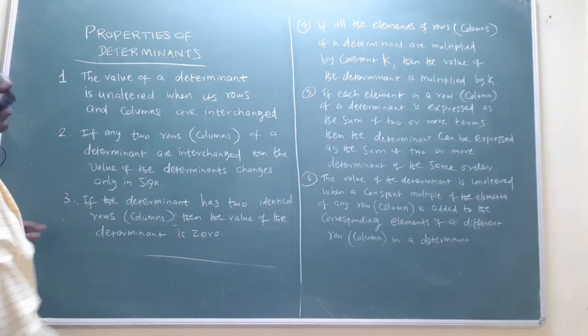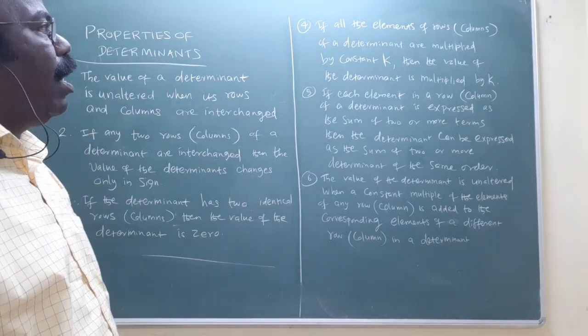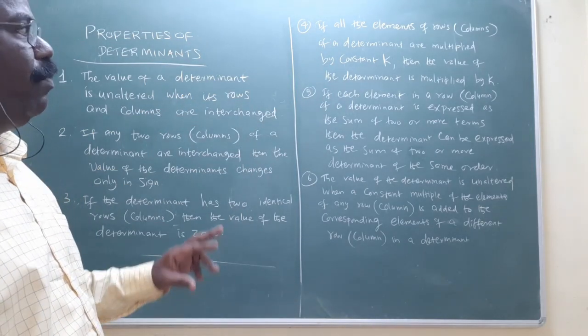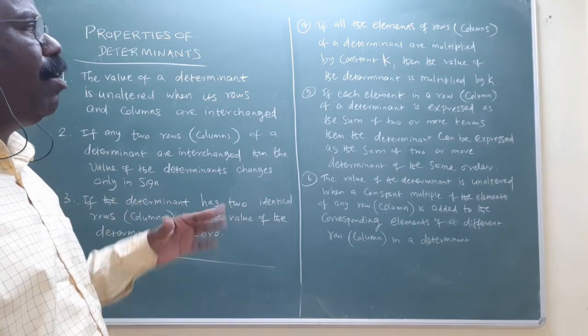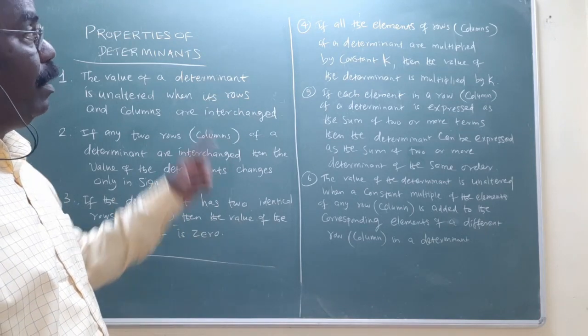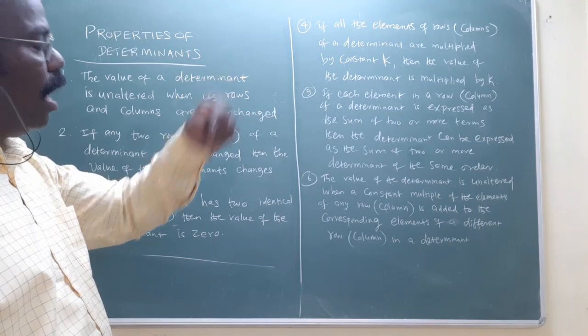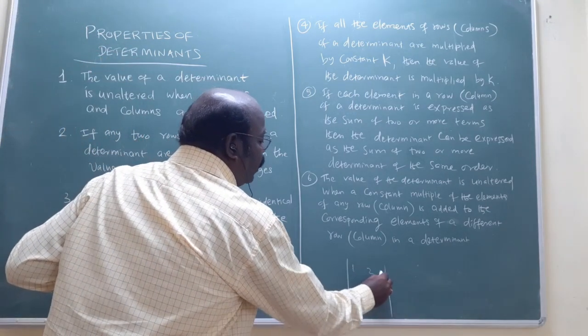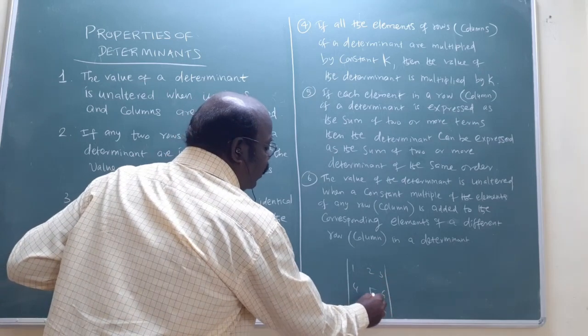Another property: if all elements of a row or column of the determinant are multiplied by a constant k, the value of the determinant is also multiplied by k. For example, here 1, 2, 3, 4, 5, 6, 7, 8.